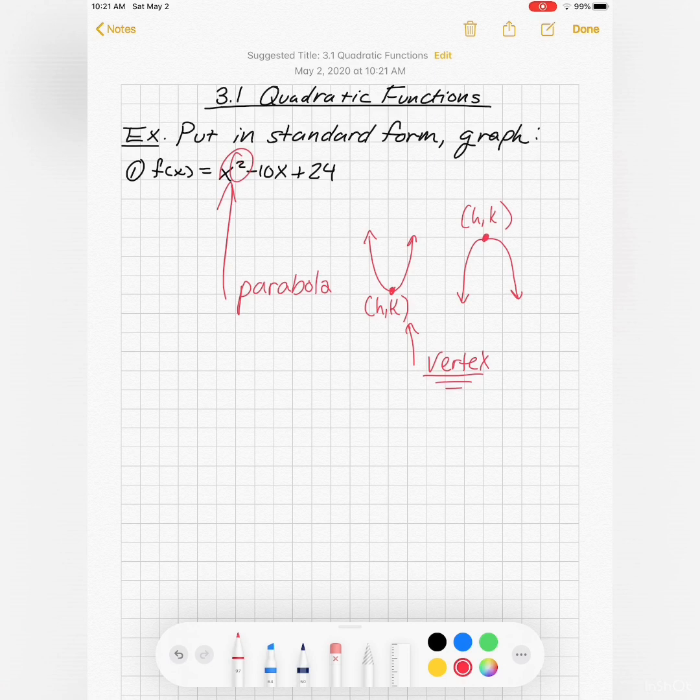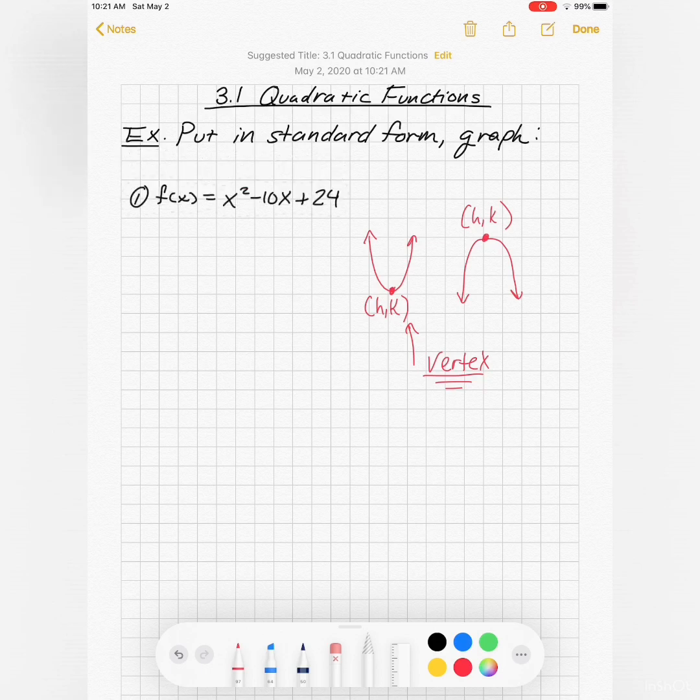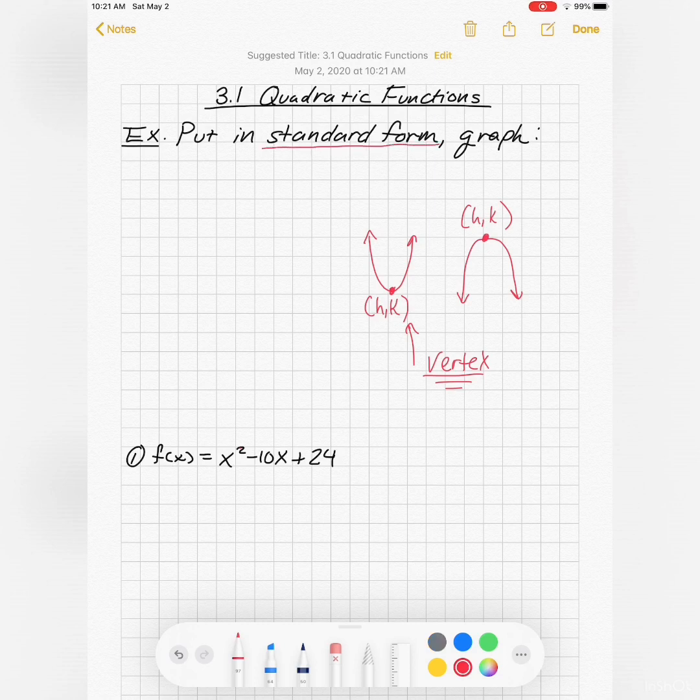All right, so what are we to start out with here? Well, we're going to take this quadratic function, we need to put it into what's called standard form. So let me write here what that standard form is. The standard form looks like a times x minus h squared plus k.